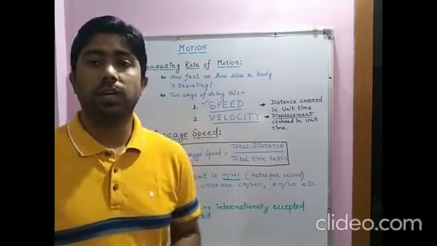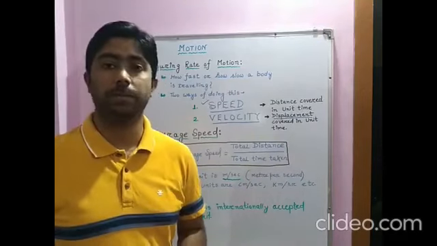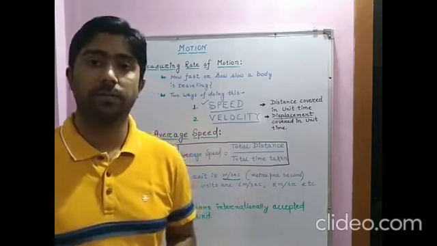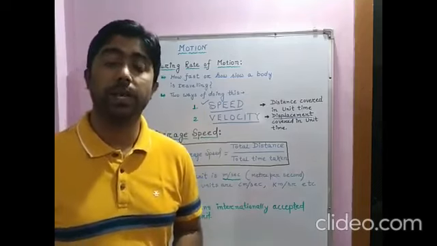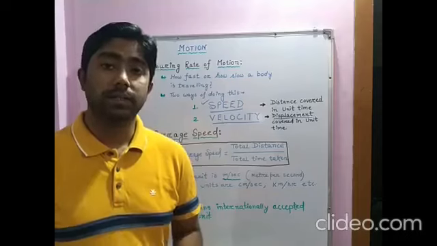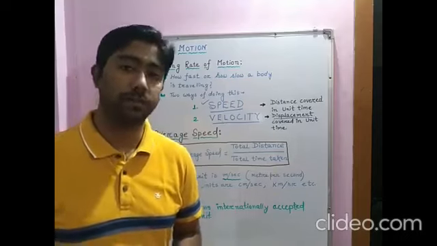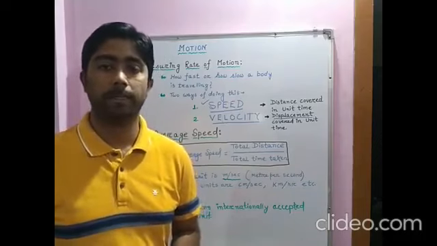So if there is a moving body whose speed is continuously changing with time, and you want to know its speed, what will you do? Since the speed is continuously changing, you cannot say any one fixed value of that particular speed.